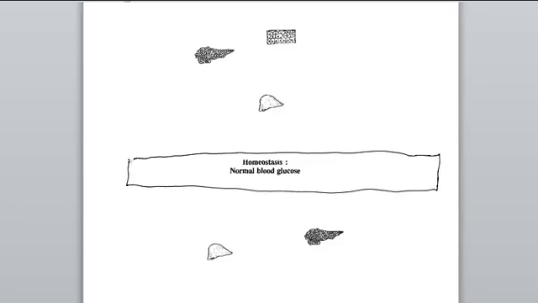So we're going to start out with the condition of homeostasis, where everything's perfect in our blood and we have balance. So I want you to think about this as a little teeter-totter. And this is homeostasis, where we have balance. And that ideal condition is when our blood glucose levels are approximately 100 milligrams per 100 milliliters of blood.